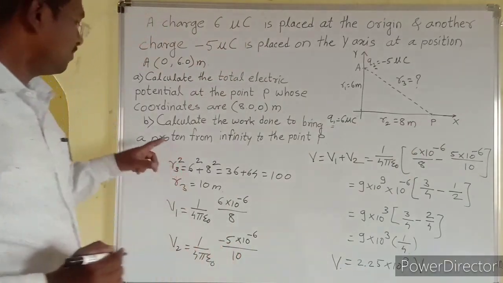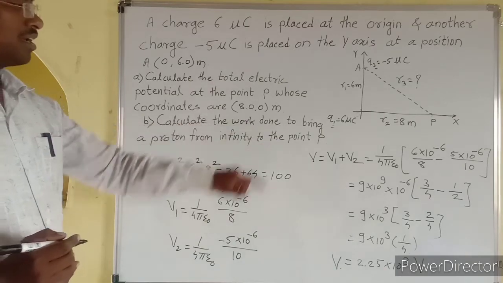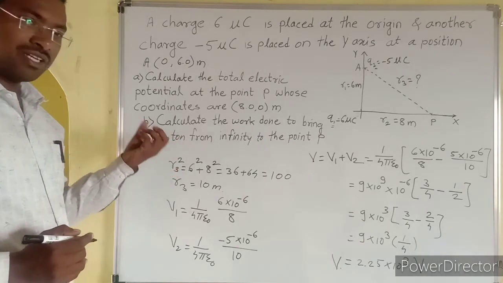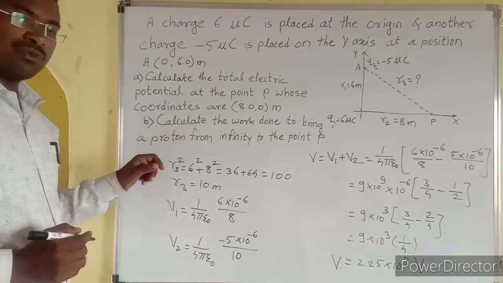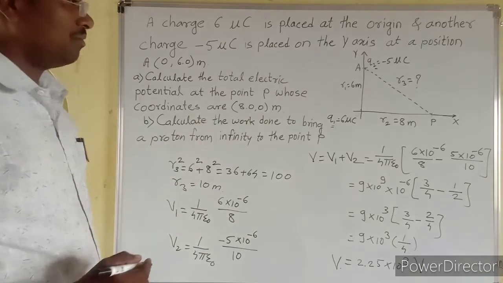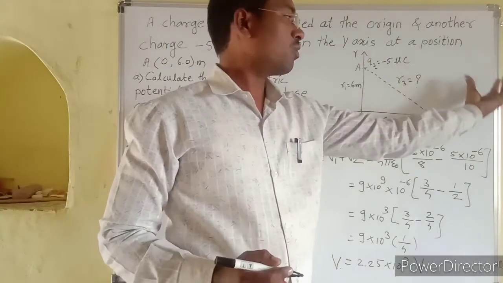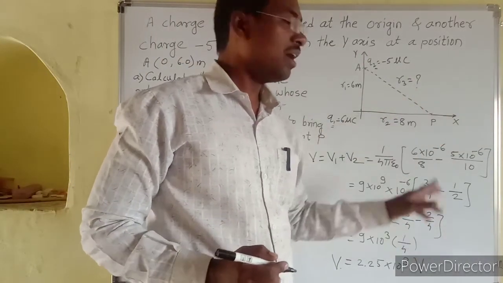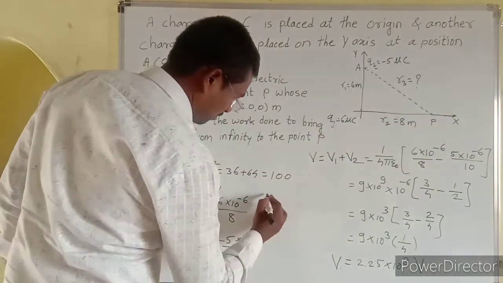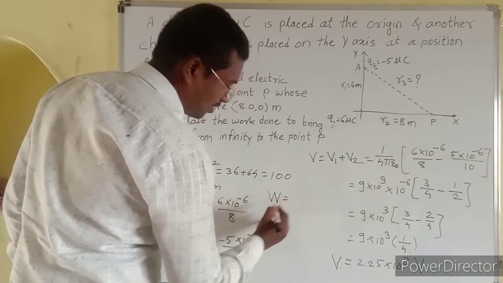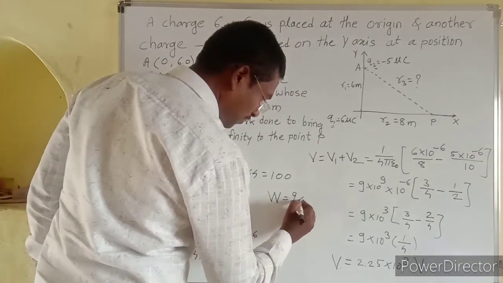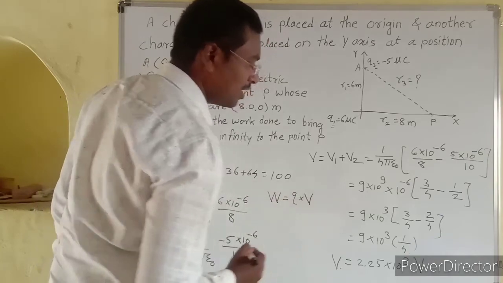Now B, calculate the work done to bring a proton. Proton means a charge having the positive charge of an electron, from infinity to point P. Means we bring a proton from infinity to point P, and we have to calculate the total work done. Okay. So work done W is nothing but the amount of charge carried into the potential at a given point.